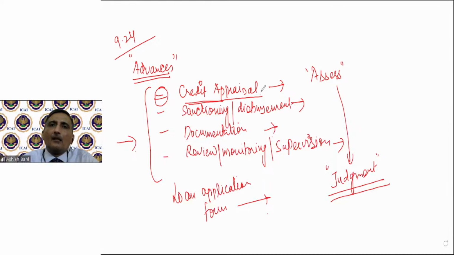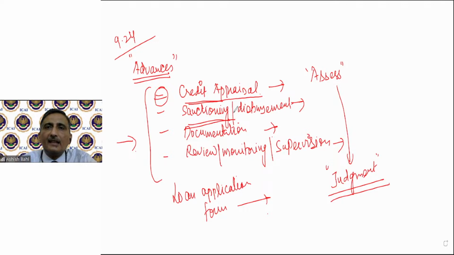And the proposal which is sent by the branch to the controlling authorities is again appraised. They go through the recommendations made by the branch and see whether it is justified or not, whether it would be prudent or not to lend the money to that borrower. And it is only after following this process that a sanction letter is given. So every loan, every credit facility is backed by a sanction letter.